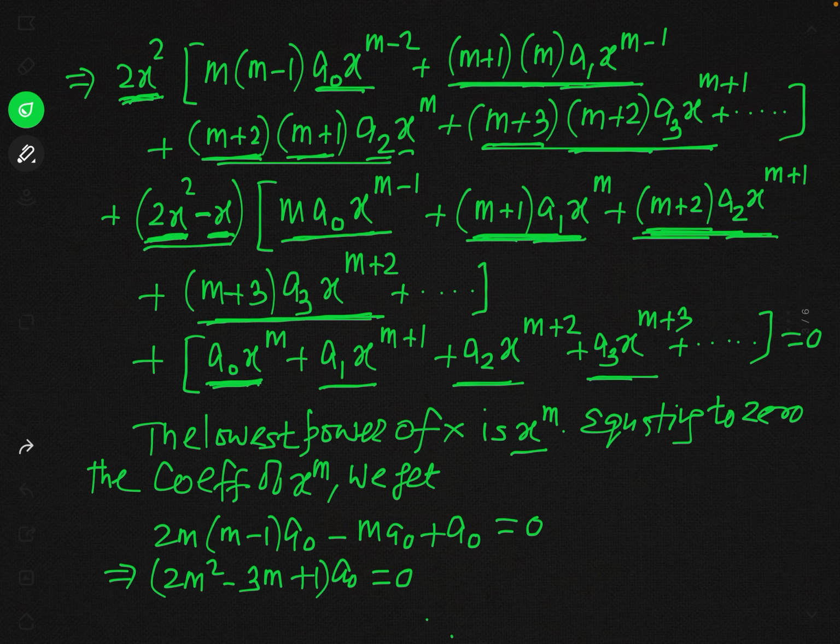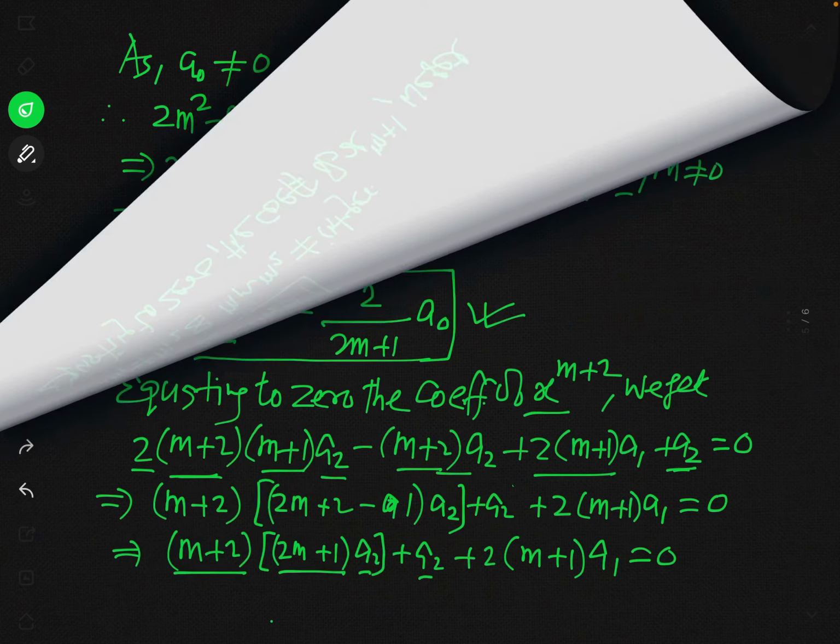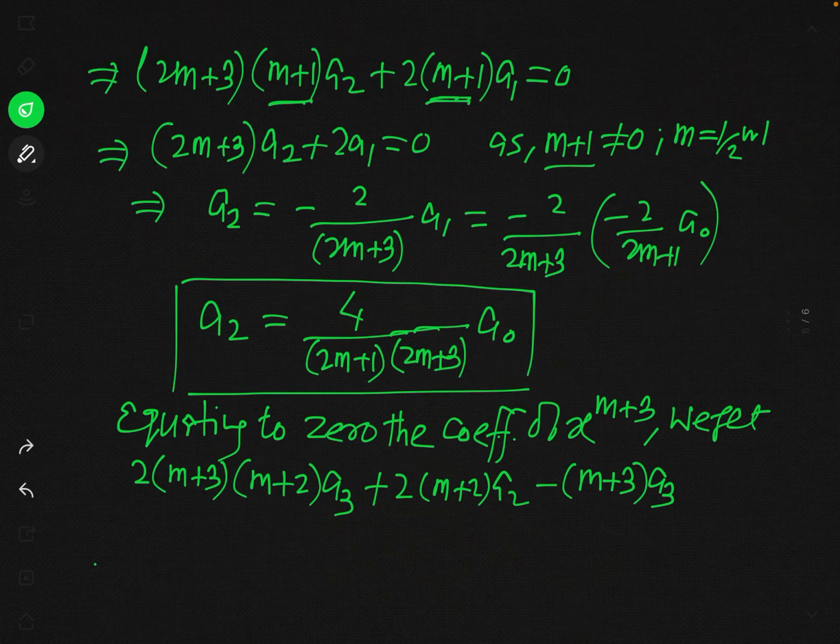So here this term already contains x to the power m plus 3 and its coefficient is a3. So we will add this a3, so plus a3, and this will be equal to 0. So this result has been obtained by equating to 0 the coefficient of x to the power m plus 3.